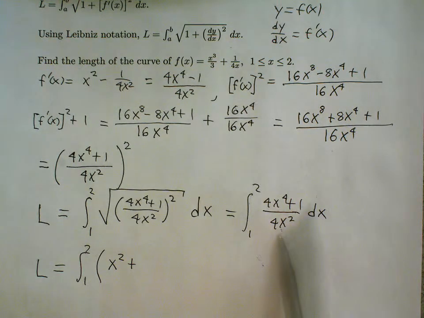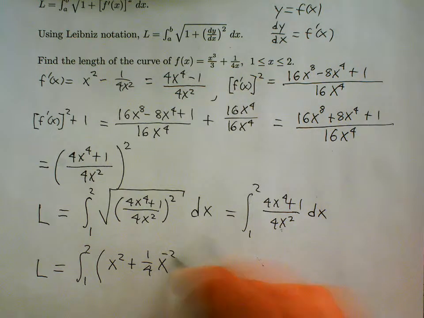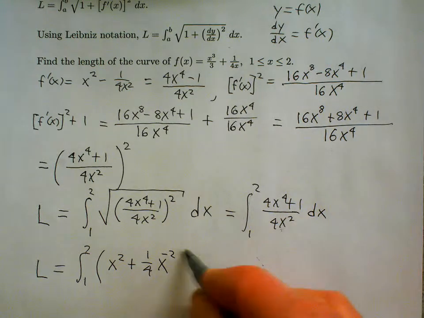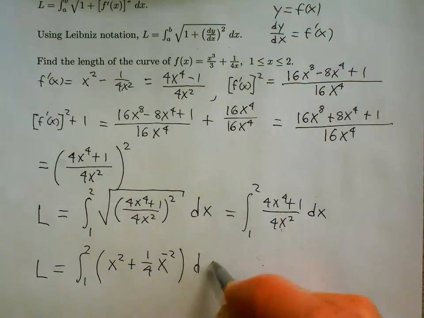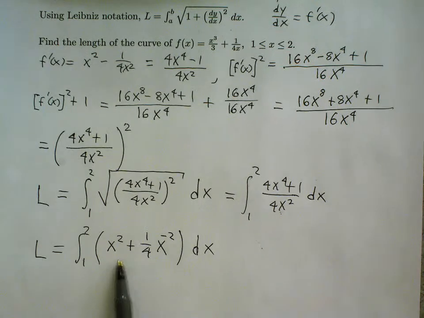But for convenience, I'm going to write it as plus 1/4 times x to the negative 2. And we can easily find an antiderivative for x squared plus 1/4 x to the negative 2.